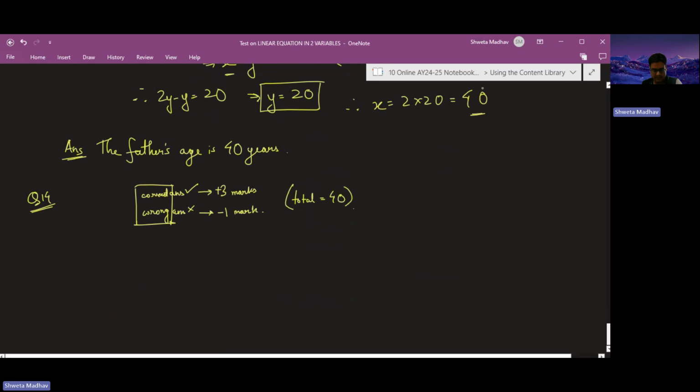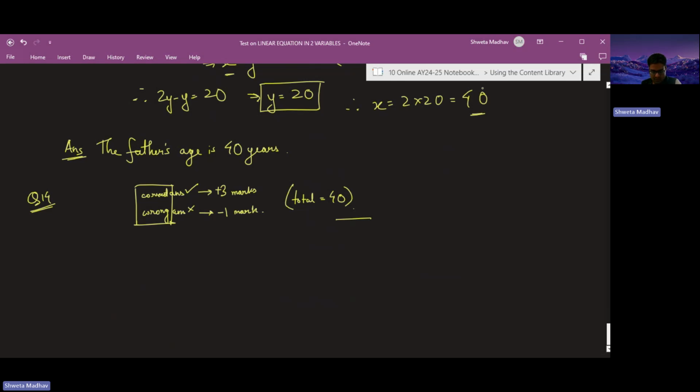And in the second case, it is told that had 4 marks been awarded for each correct answer and 2 marks been deducted for each wrong answer, then Yash should have scored 50 marks. How many questions were there in the test?